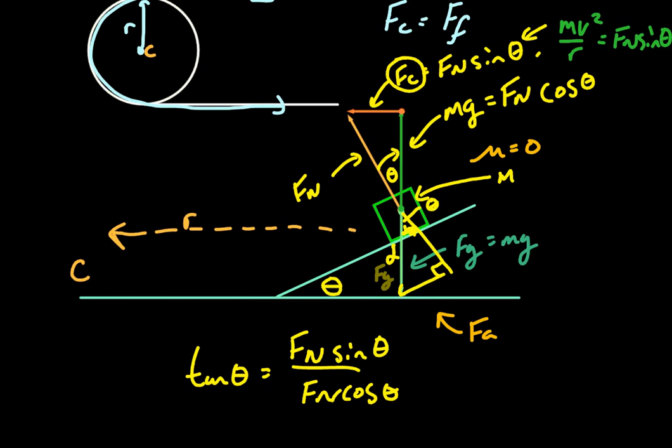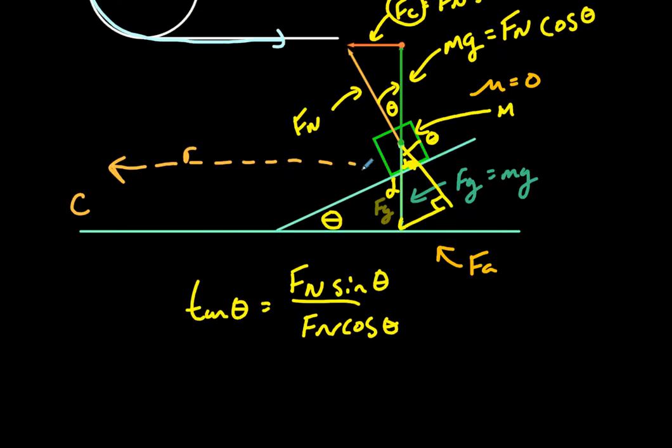Because this is getting a little bit crowded here, let's just redraw this triangle to help us understand a little bit better. So again, we've got our normal force like that. We've got the component of the normal force counteracting gravity like that. We have our centripetal force here.